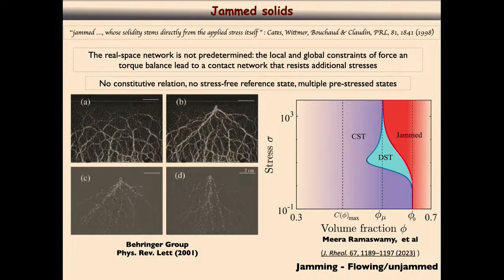So this is this well-known notion, which has a kind of mysticism associated with it, called force chains. And what this image shows is taking this system and then putting a small external force on top of it. And this is what happens after that.